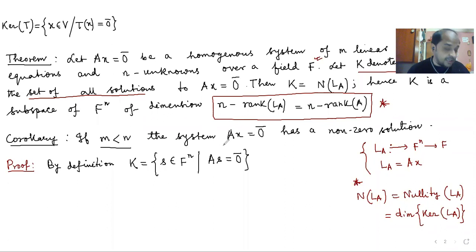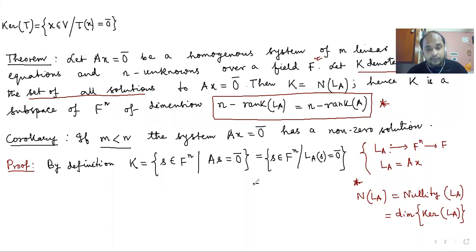So definitely, since the associated linear transformation is LA, we can write this as set of all vectors of the vector space Fn so that LA of S is equal to 0 bar.